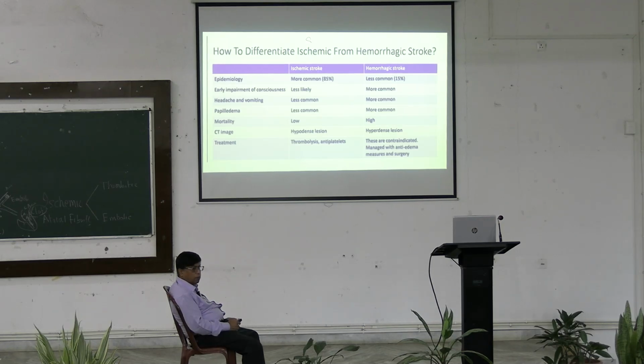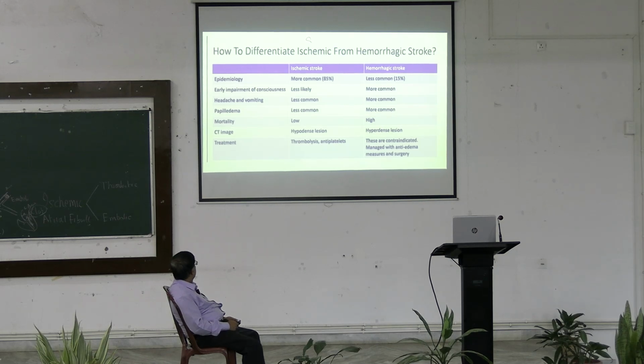So, hemorrhage causes a hyperdense area, because blood gives a picture of white, not black. But if there is only ischemia, where only brain parenchyma is lost, the infarct picture is always a black area. I will show you the pictures.